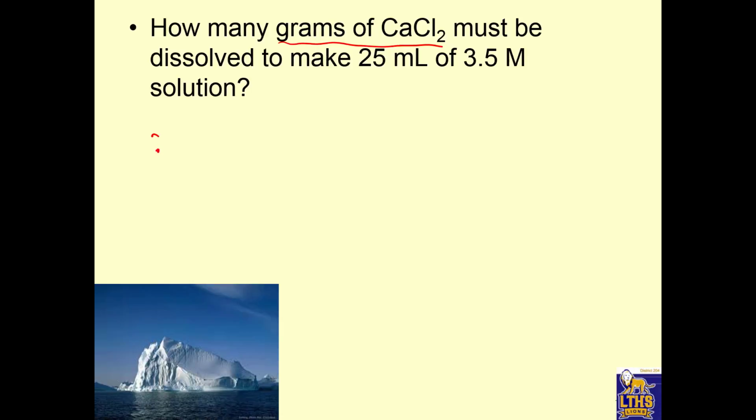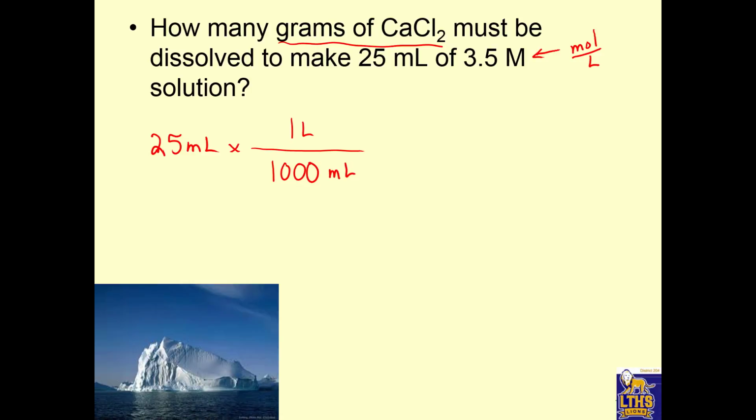We know we have 25 milliliters of solution, and that there's 1,000 milliliters in every 1 liter. Now you might be saying to yourself, why is she changing milliliters to liters? Because the definition of capital M is moles per liter, so anything we do with it has to be in liters.